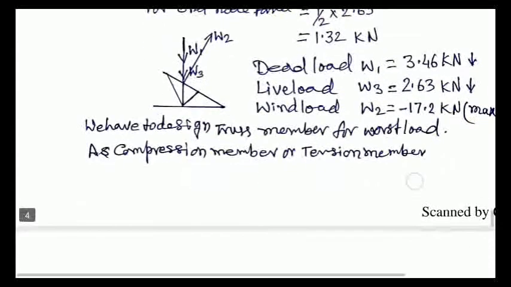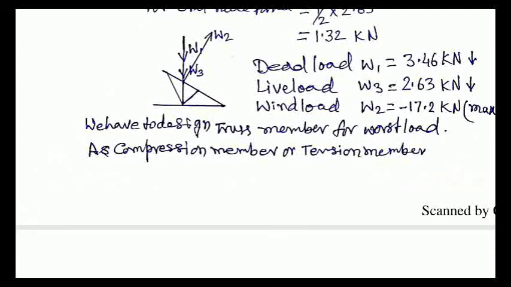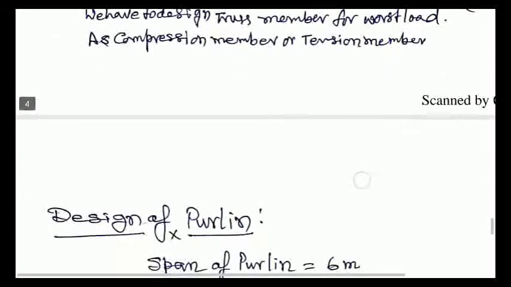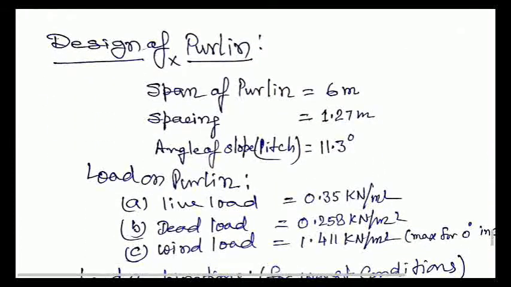So you can see and you can make the analysis of the truss, and the members may be designed for the worst load condition, and the edge compression member and edge tension member. So we may design every truss member by this.